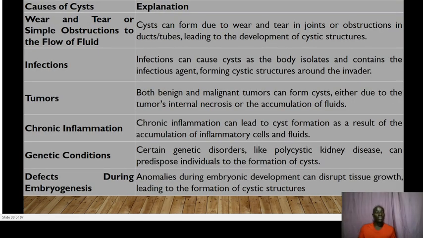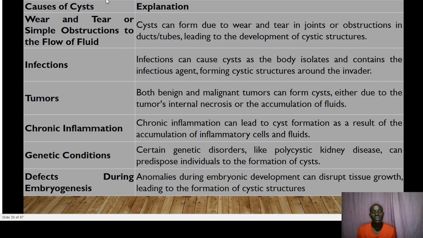We have different causes of these cysts, where number one, you have wear and tear or simple obstruction to the flow of fluid. Cysts can form due to wear and tear in joints or obstructions in ducts and tubes, leading to development of these cystic structures. Infection can cause cysts as the body tries to isolate and contain the infectious agent, forming a cystic structure around the invader.